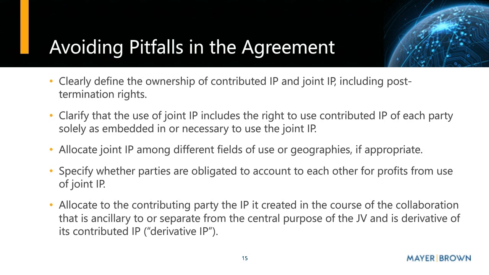It's often difficult to accurately separate what's a joint development effort central to the purpose of the JV and what's a modification or derivative of a party's contributed IP. Other related questions to ask and answer at the outset of a JV is whether the contributing party has to license its derivative IP to the other parties.